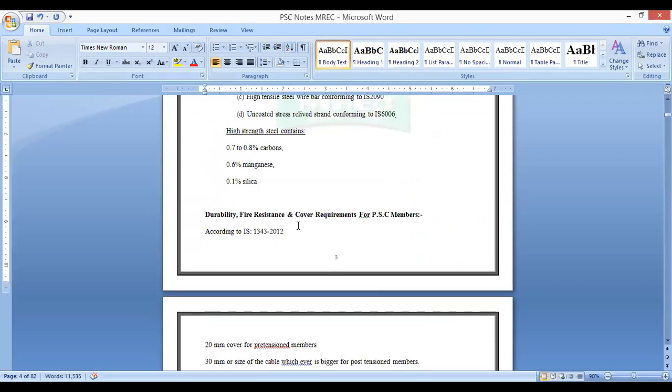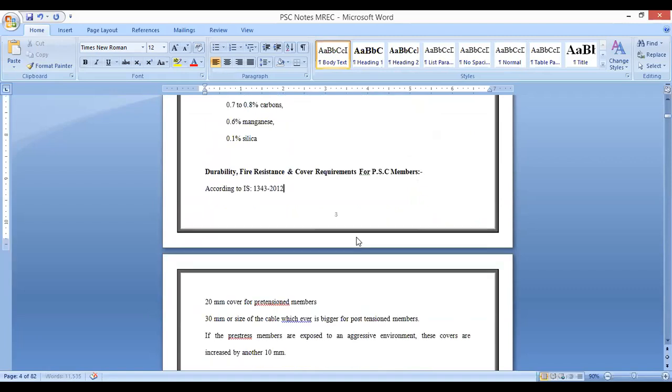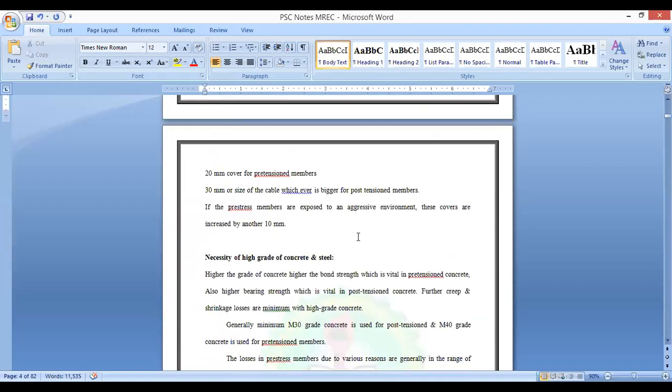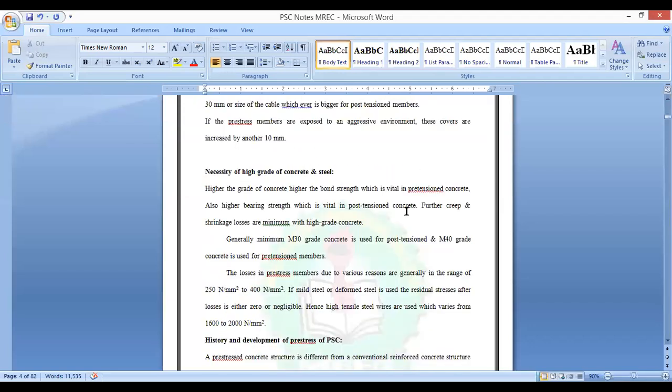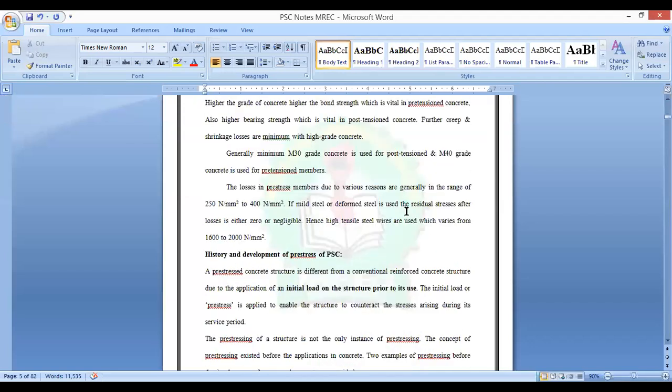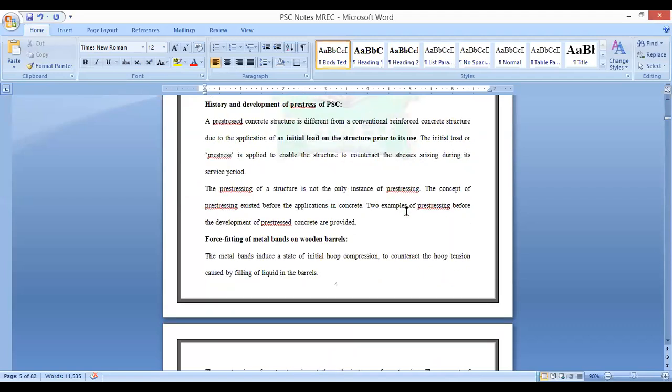Sorry guys, because 1980 is outdated. And what is the necessity of using high-grade steel for pre-stressed members? And what is the history and development of pre-stressed concrete structures? That is also there in the first unit.